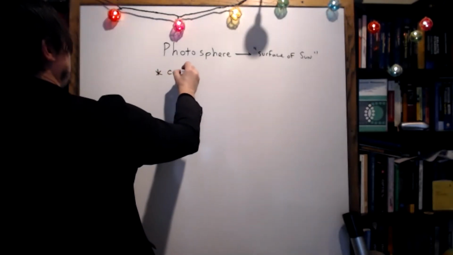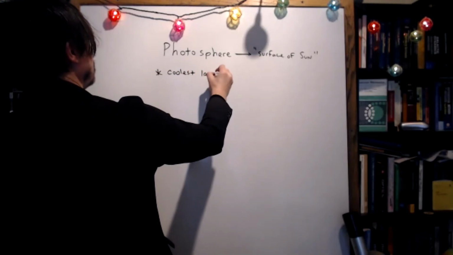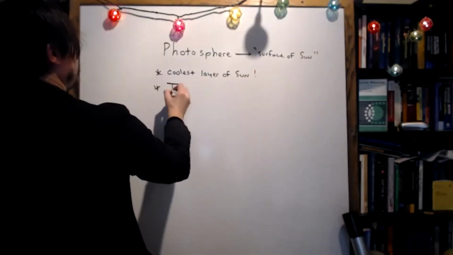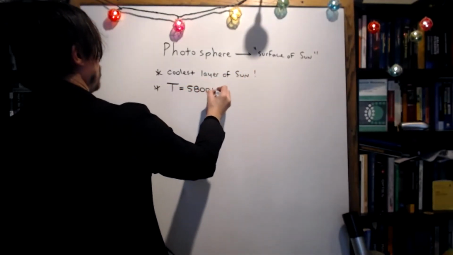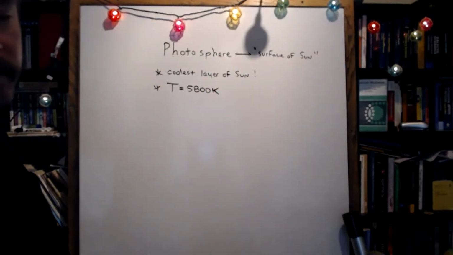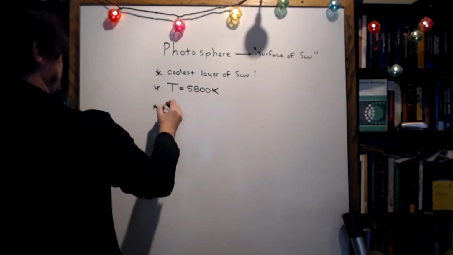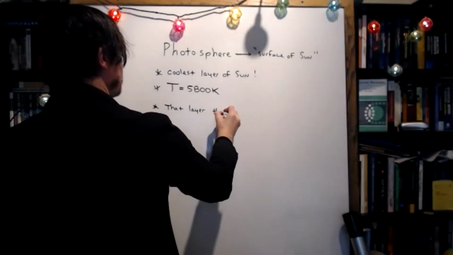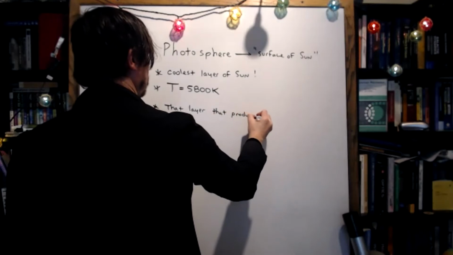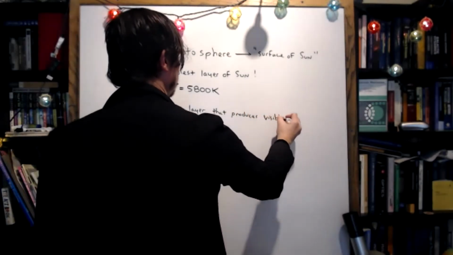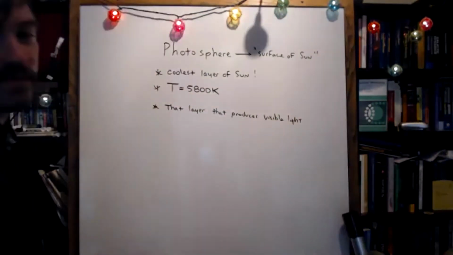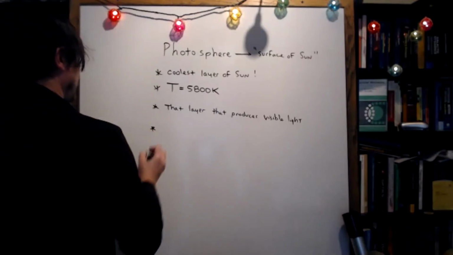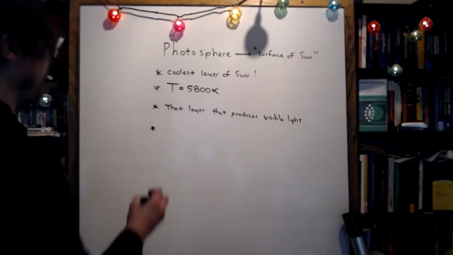The photosphere is literally the coolest layer of the sun. It has a key temperature of 5,800 Kelvin. I could define the photosphere as that layer that produces visible light. So we define the photosphere as whatever layer of gas is producing visible light. It produces this light by thermal blackbody radiation.